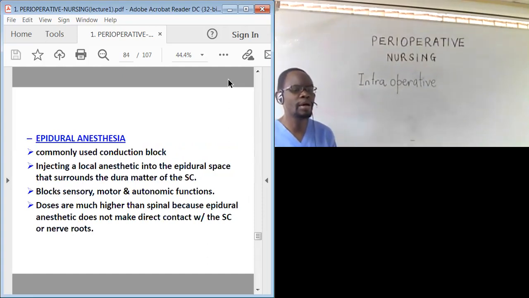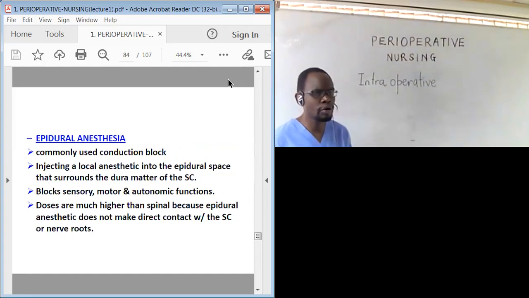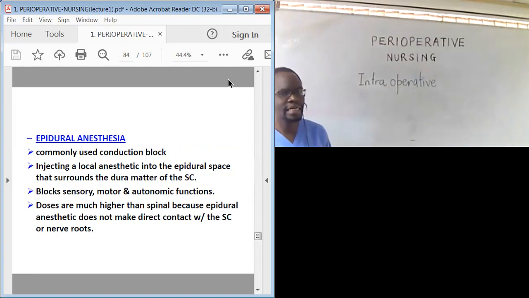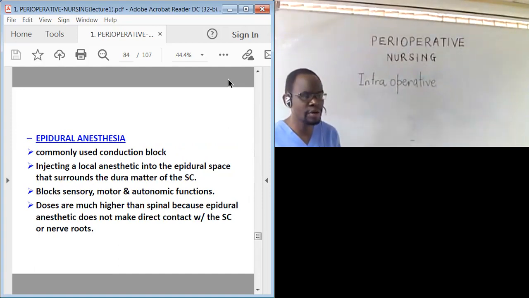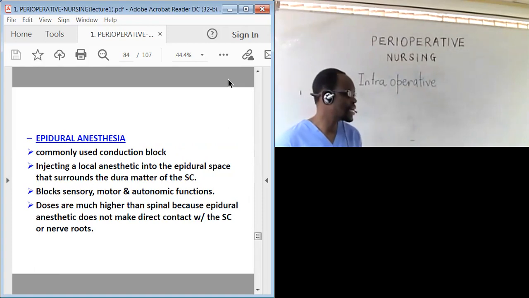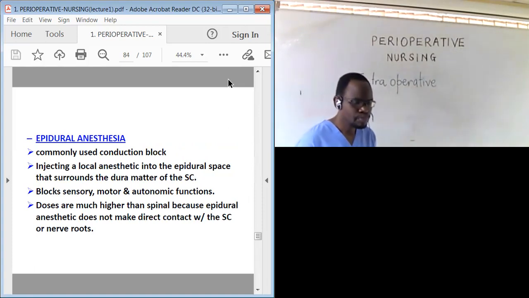Within these, epidural is a commonly used conduction block. There is injection of a local anesthetic into the epidural space, which basically surrounds the dura mater of the spinal cord. Therefore it ends up blocking the sensory, the motor, and then the autonomic functions of that area.